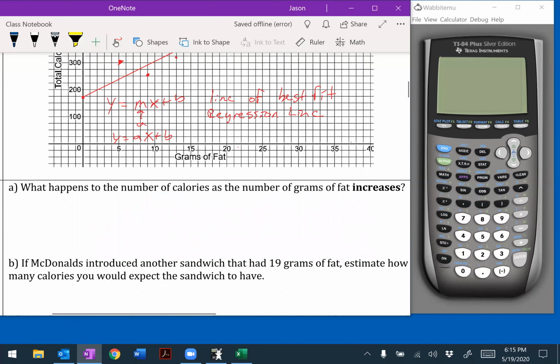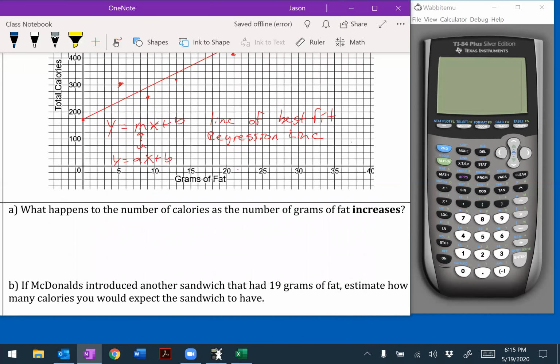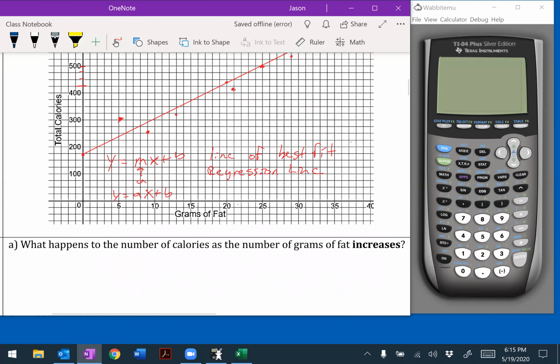What happens to the number of calories as the number of grams increases? Well, it seems that the number of calories also increases, right?